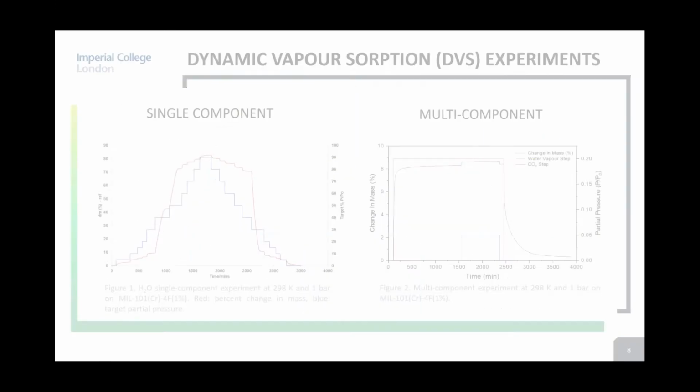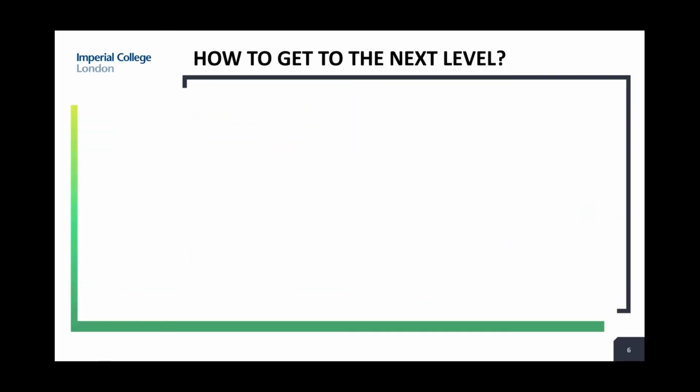That can happen for systems that have very fast kinetics, that diffuse very fast. It can be mistaken with the system response time. However, as long as your system response time is 10 times lower than your adsorption kinetics, you should be fine in order to calculate the diffusion coefficients with a gravimetric technique.